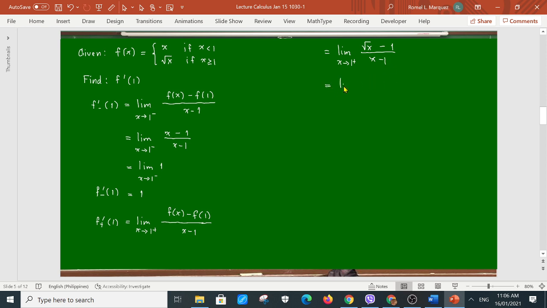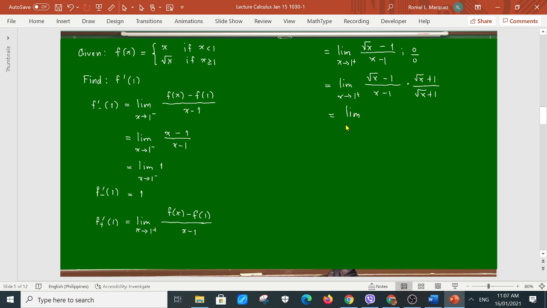To get the limit, we rationalize, no? Because that is indeterminate form. So this is indeterminate form 0 over 0. So what we do, we multiply both the numerator and denominator by square root of x plus 1, no? Plus 1 all over square root of x plus 1.